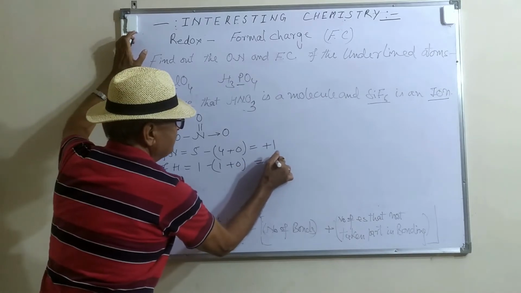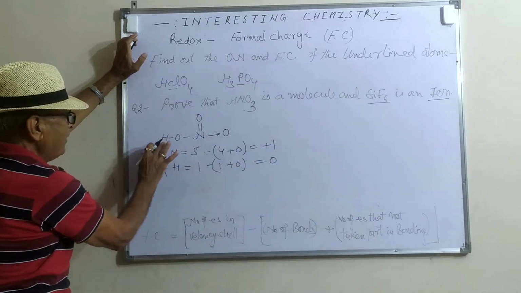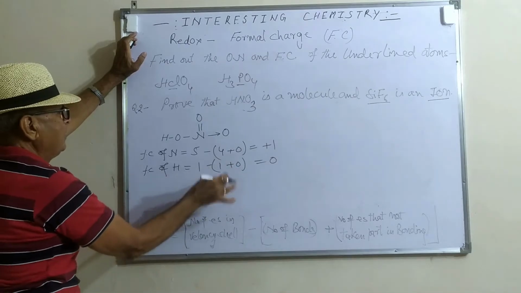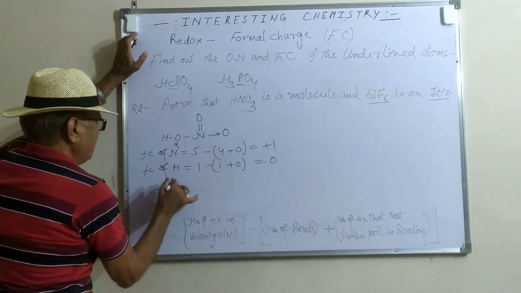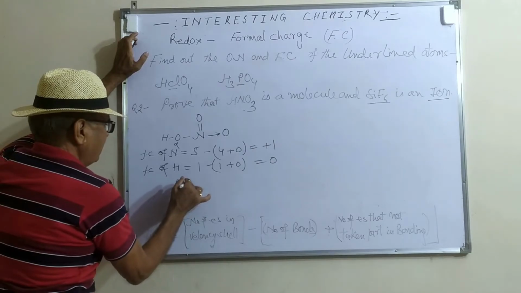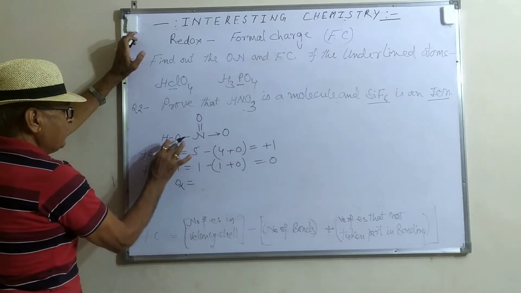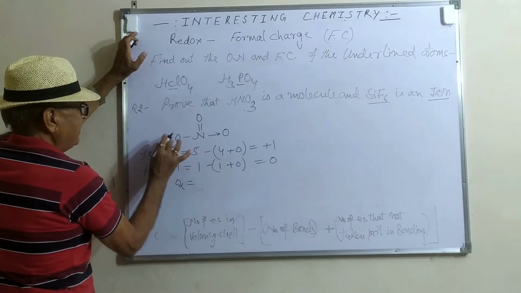So it is 0. The formal charge of hydrogen in HNO3 is 0. Now this oxygen is alpha. So the FC of the O alpha is equal to this alpha, the hydrogen oxygen.